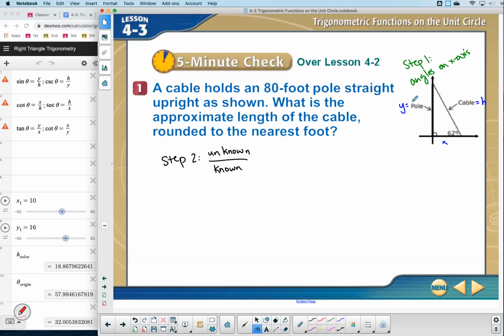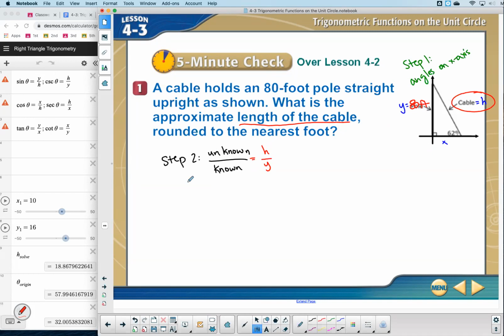So what I know is that the pole is 80 feet. So y is my known value. Well, what does it ask us for? Let's see here, the length of the cable. So that's what we're trying to find. This is the value we're trying to find right there. That's our unknown. So we're going to be looking for h divided by y. Okay, so I'm going to give you 5 seconds: here are the 6 trig functions, and you need to search out of these 6.